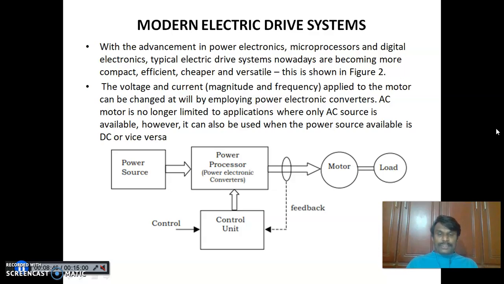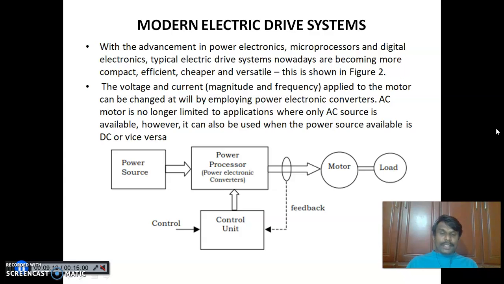The power processor acts as a rectifier. By changing the firing angle of the rectifier, the motor speed changes correspondingly. This corresponds to the requirement of the load torque, considering the motor torque. By using the control, you can change the firing angle.